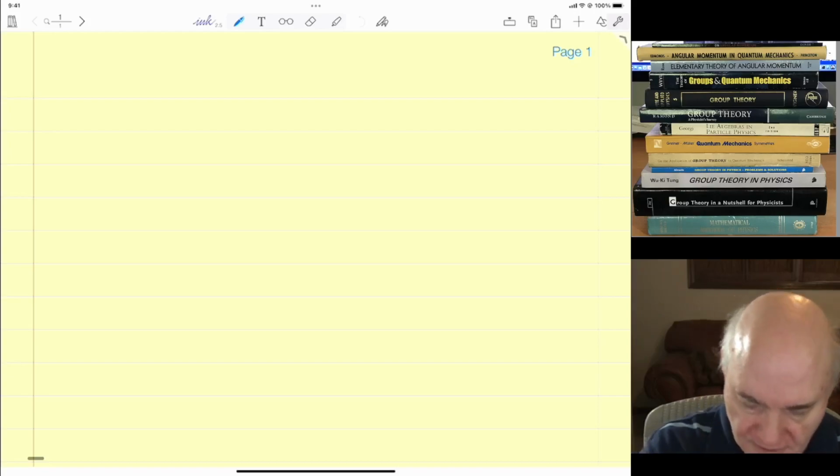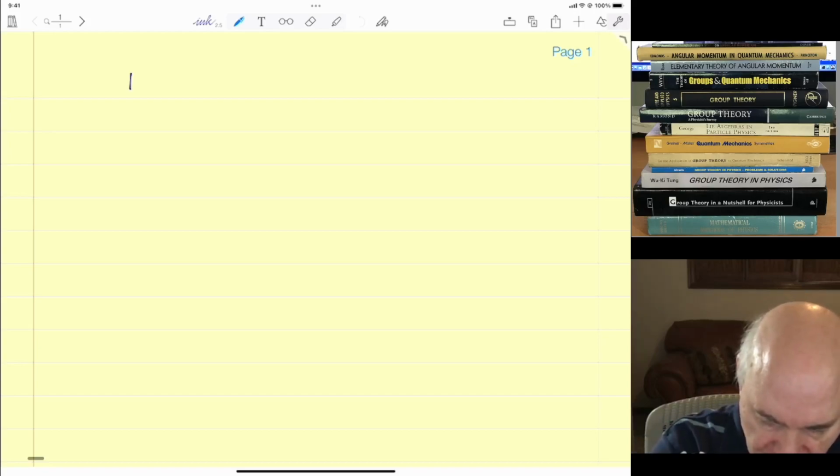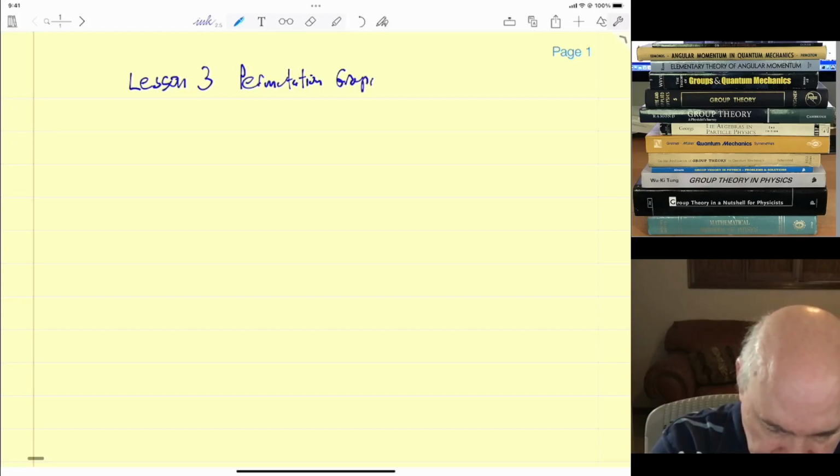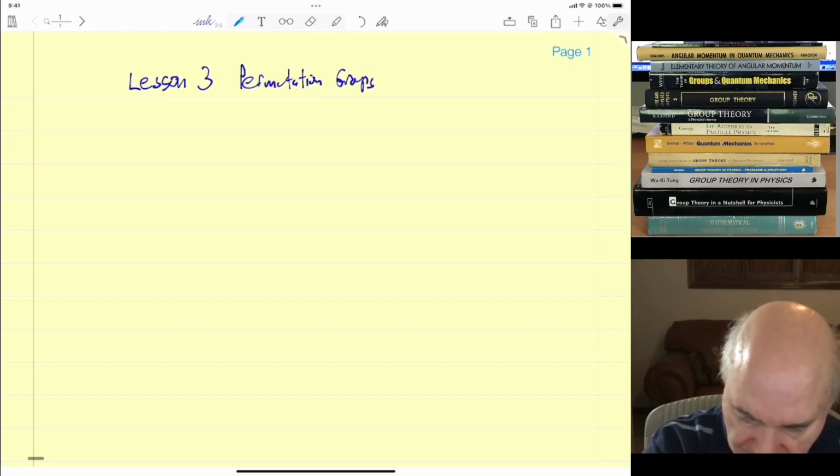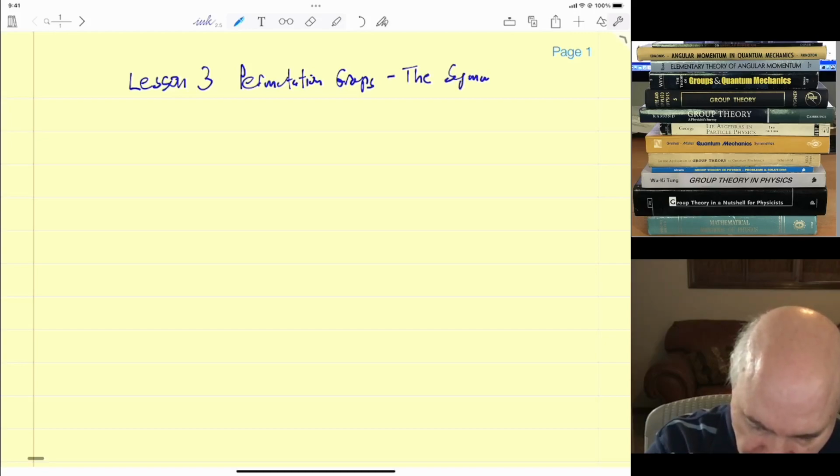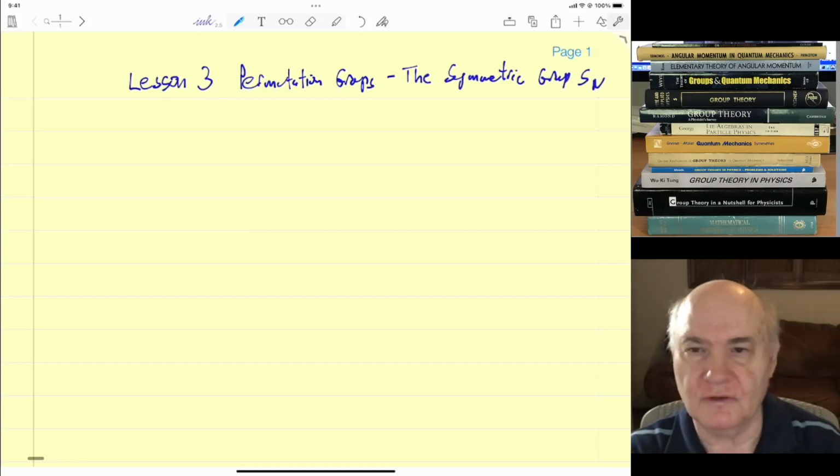This will be the third lesson on permutation groups, which is also known as the symmetric group. Sn is the usual notation.